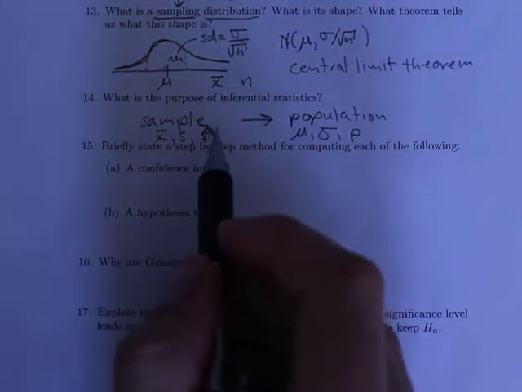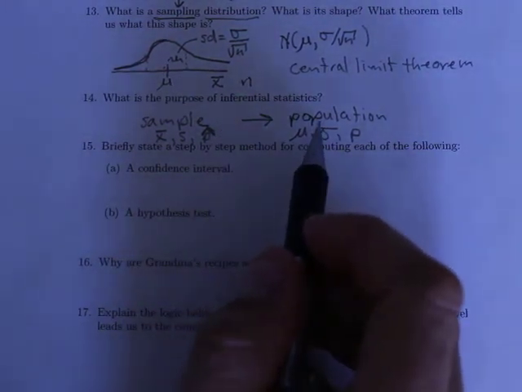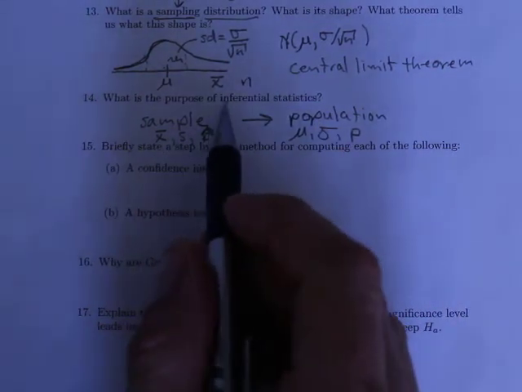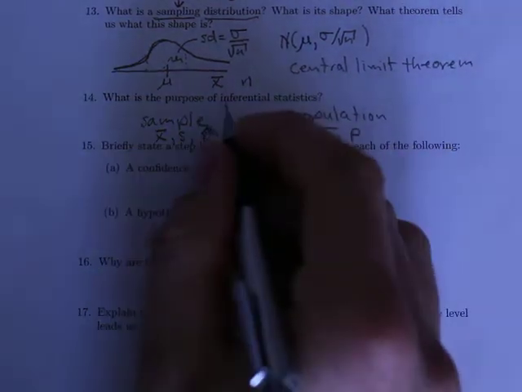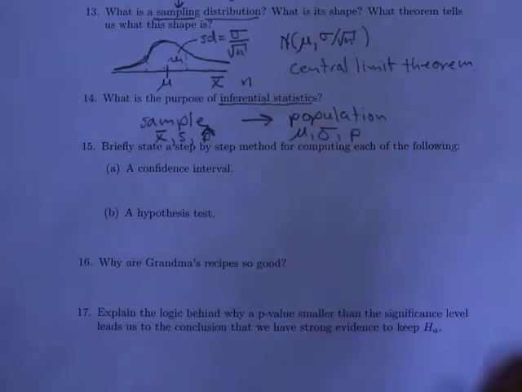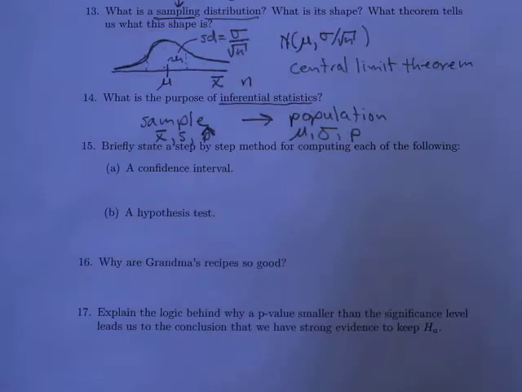That process of drawing conclusions about the population from a sample is what's called inferential statistics. This is another good place to practice putting that in your own words.